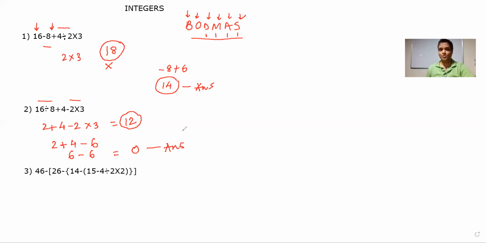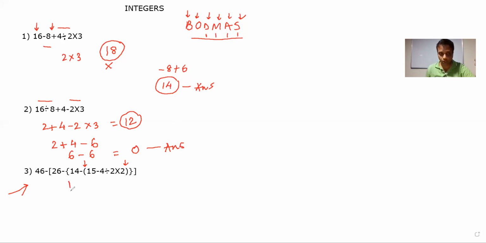That's the reason you should know this concept very well, because only then will you be able to do the sums correctly. Let's do the third one, which is a bit different, where we have brackets. So there are 3 kinds of brackets. One is this small bracket, or inside bracket, the simple curved small brackets.